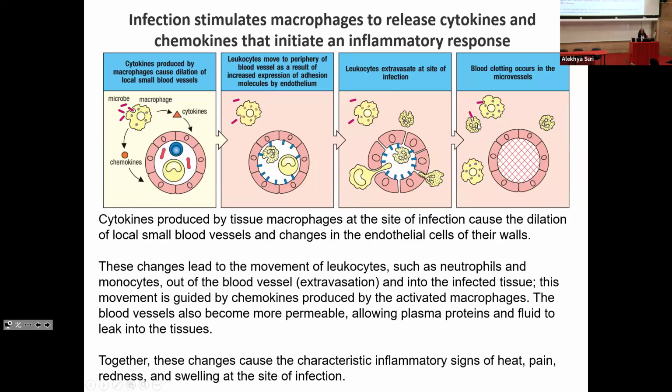Once the infection is taken care of, cells stop migrating out, the endothelial cells come back to their normal levels, and the activation receptors that were activated are down-regulated. Together, these changes are characteristic of an inflammatory response, which allows the immune cells to act at the site of infection.